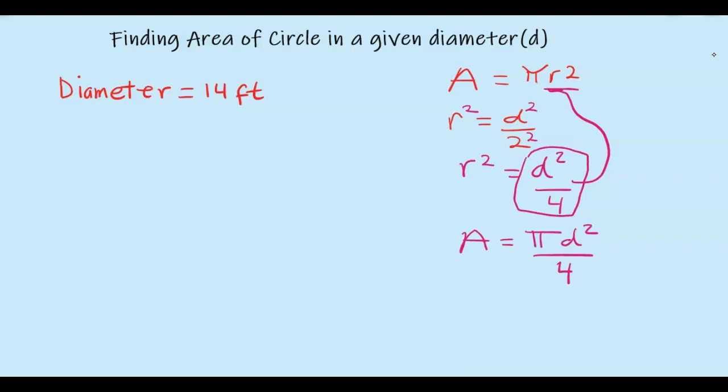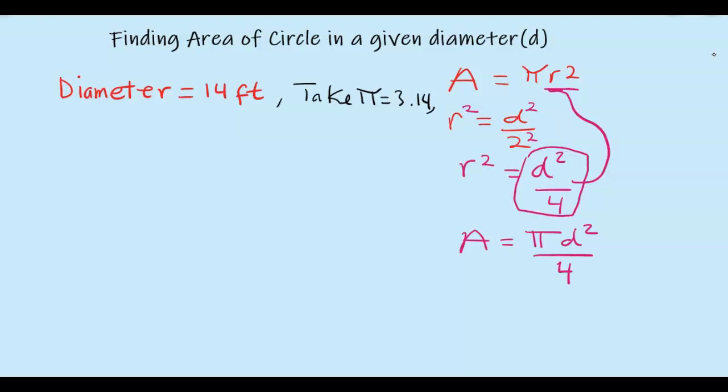So here we have been given the diameter to be 14. We will take pi to be 3.14.